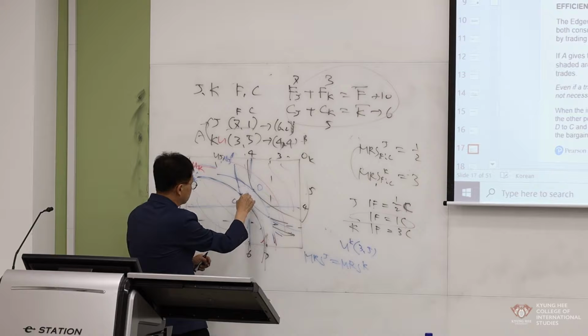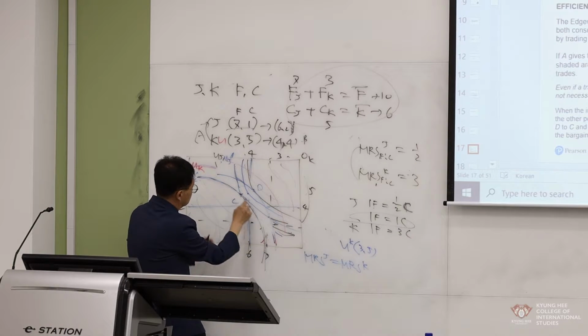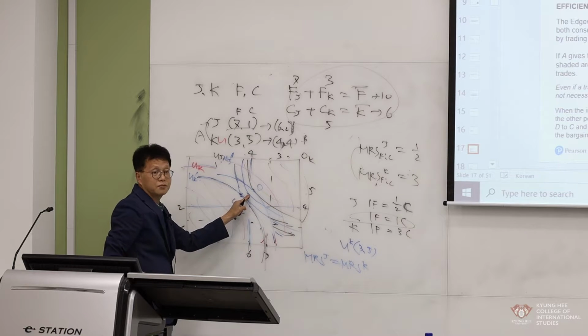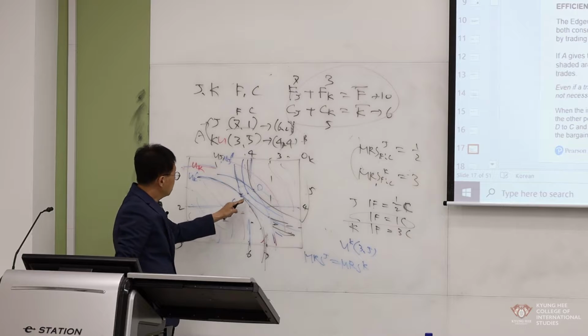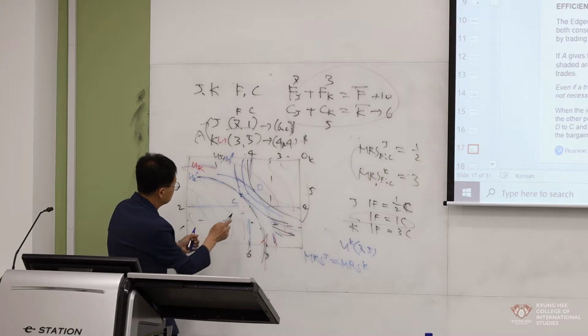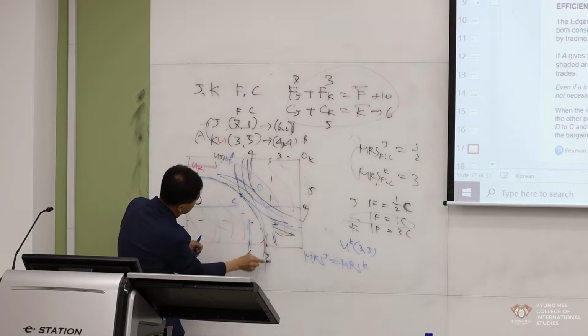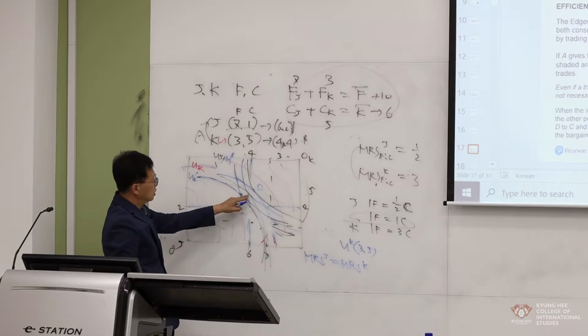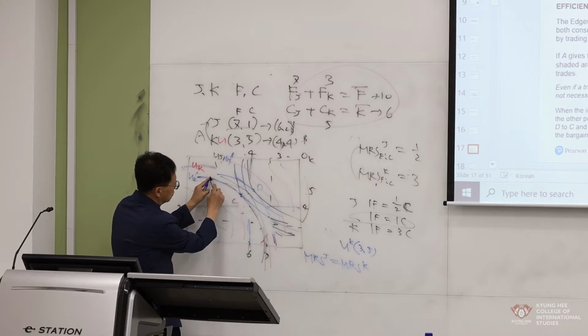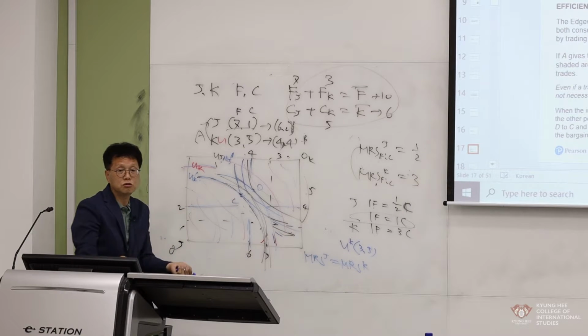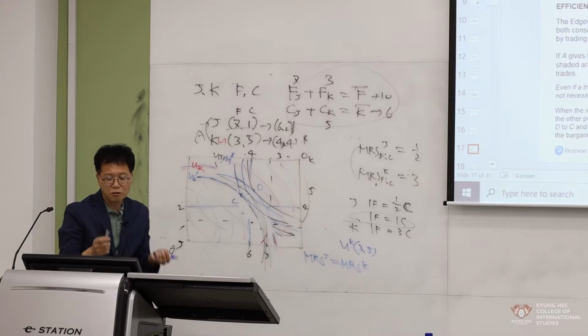For example, moving to here, then James' indifference curve moves from here to here. So James' utility increases, right? But at this point, Karen's indifference curve is like this, for example, right? So Karen's one was originally here, now here. So Karen's utility increases.